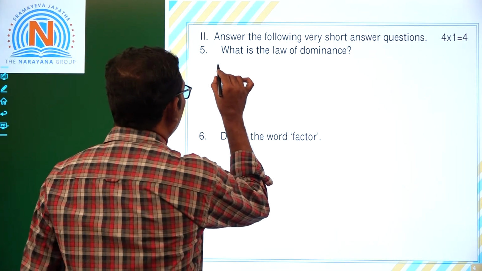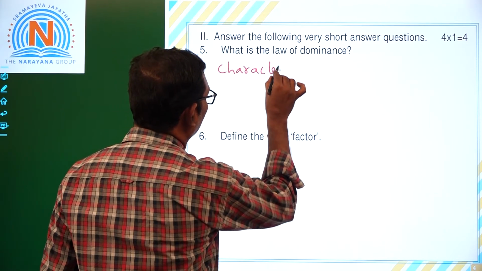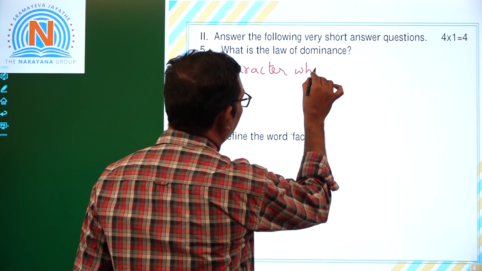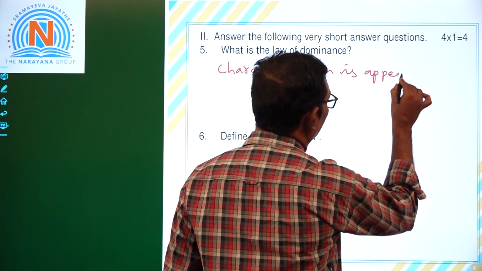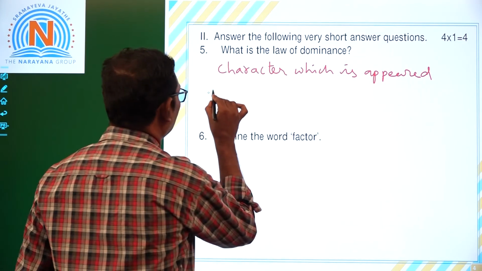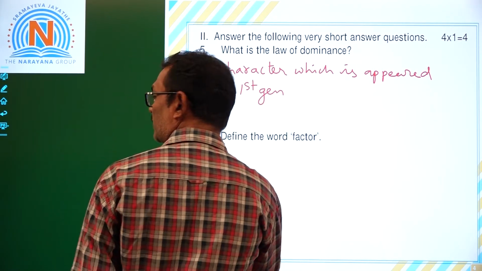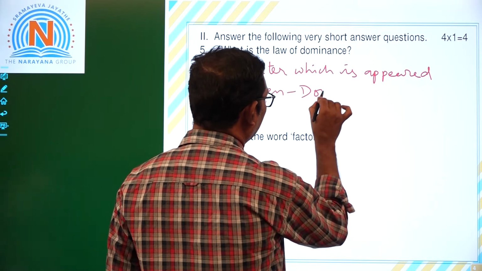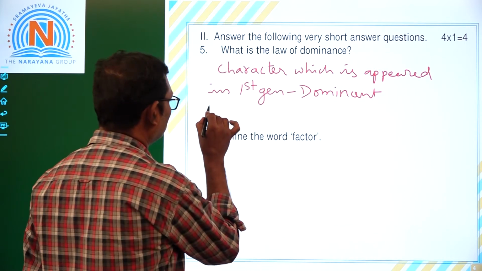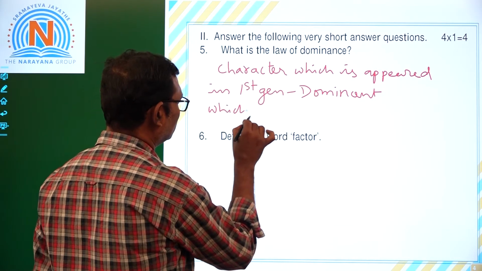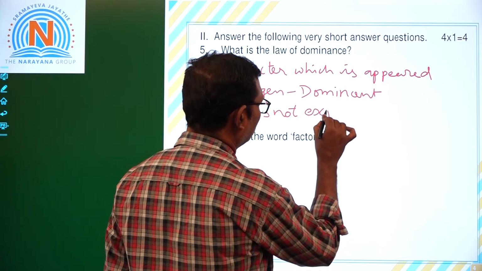The character which appeared in the first generation is called a dominant character, and which is not expressed is called a recessive character.